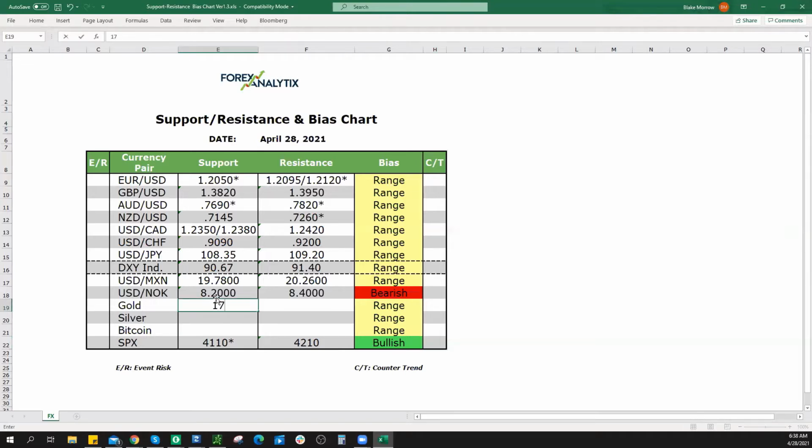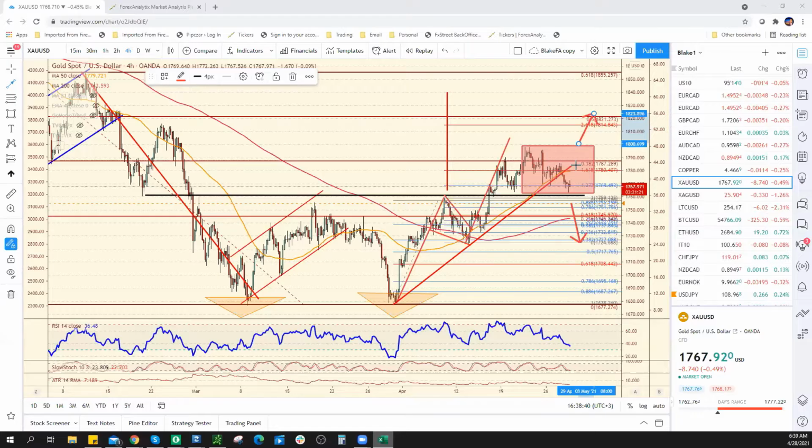I'm going to write down 1750 to 60 as really important support, and resistance is 1805, because that completes the pennant right here. I'm going to put it in neutral or range just because we're below this trend line now.